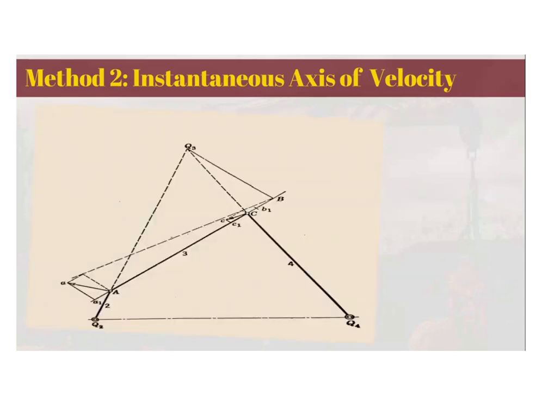Say for example, you have this 4-bar linkage and you wanted to find the angular velocity of C. For method number 1, there is no way for us to solve the angular velocity of link number 3, the link connecting A to C. But using the instantaneous axis of velocity method, as you can see here, the common instantaneous axis or the centro for this link 3 is this Q3 here.